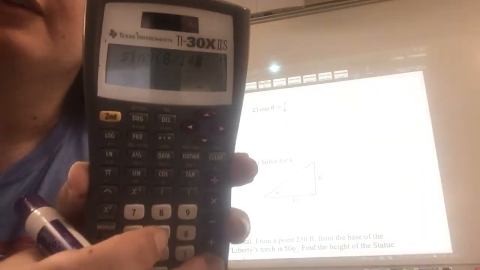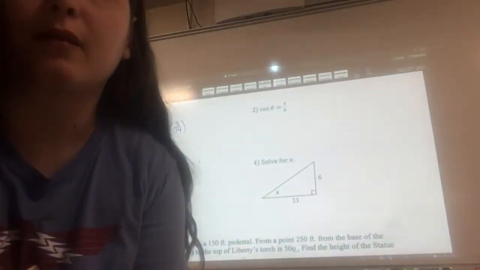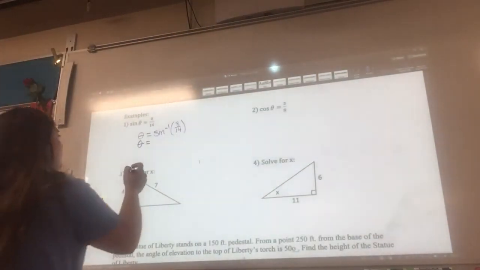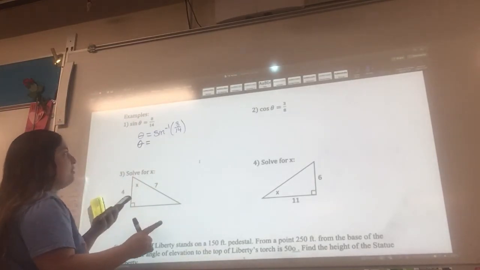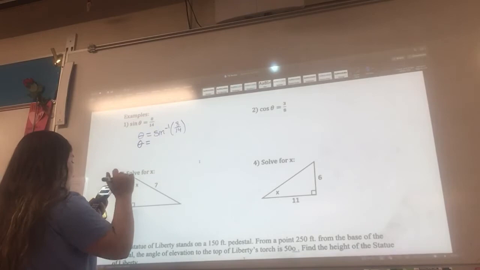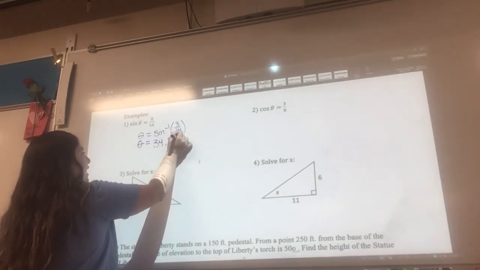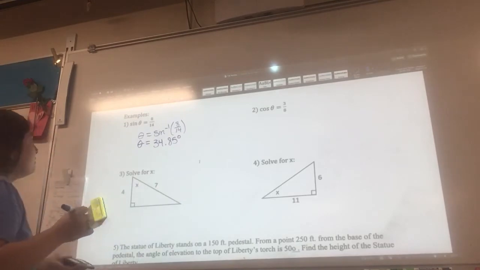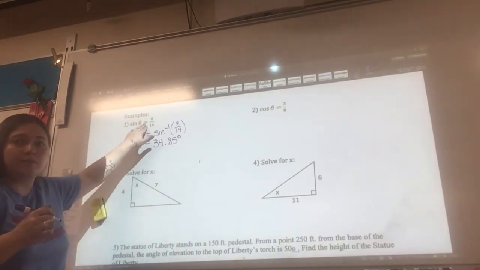Press enter, and we're going to get 34.84. Okay? So it's just an extra button. You do second of your trig ratio that you're doing, and you plug everything in as you see fit. So this is 34.85 degrees. So that is the degree of the triangle based off of those two ratios.